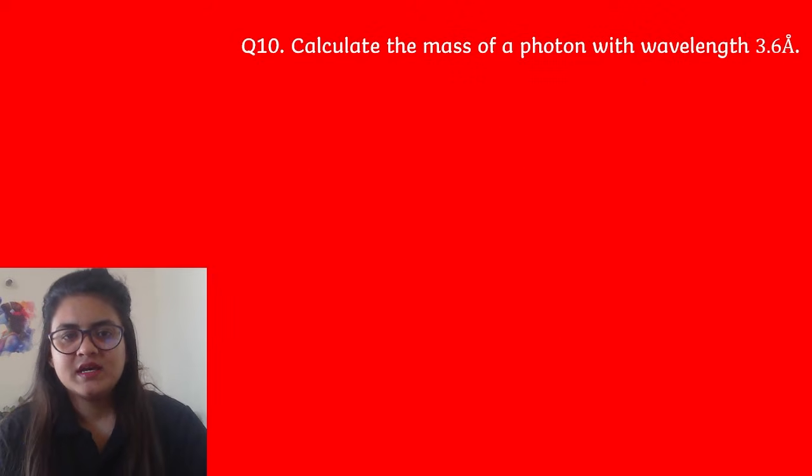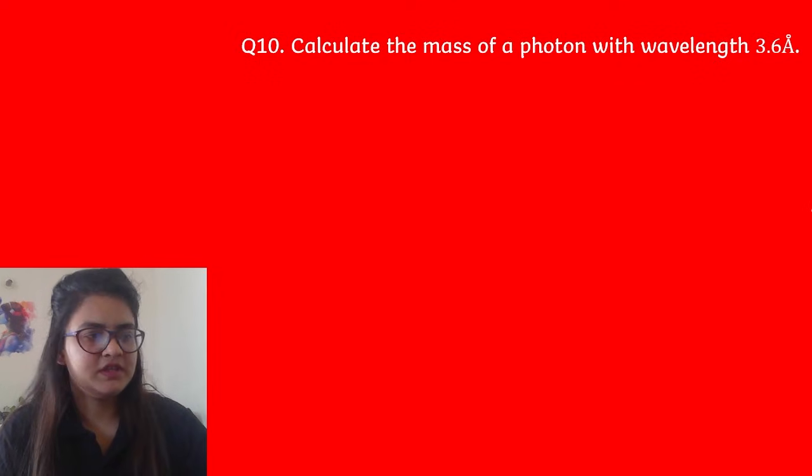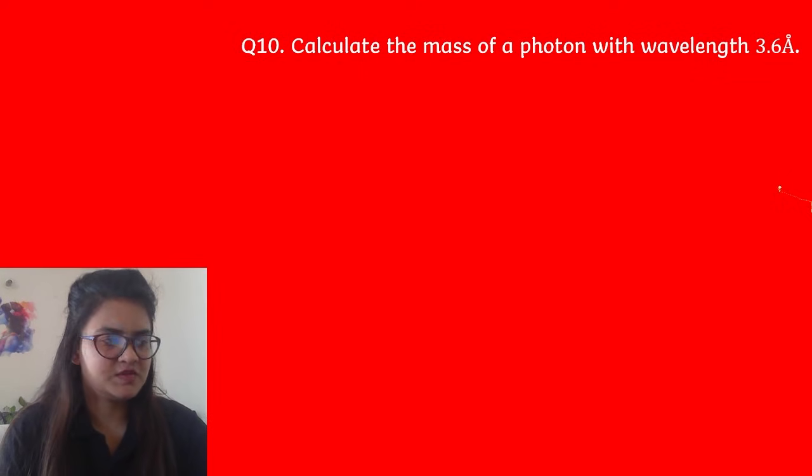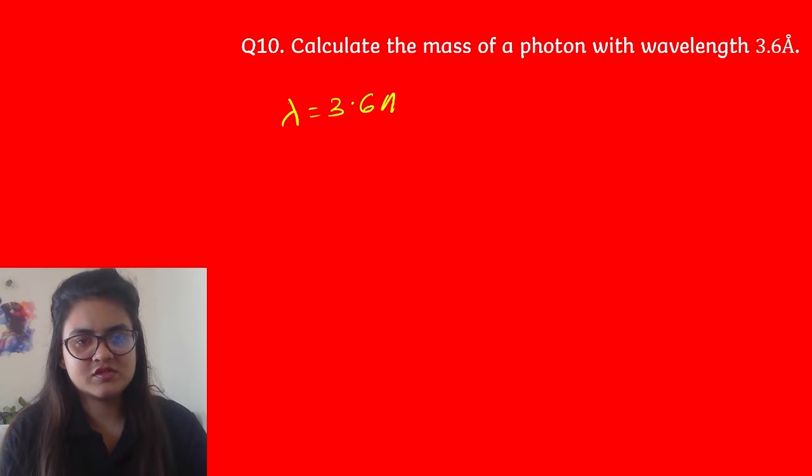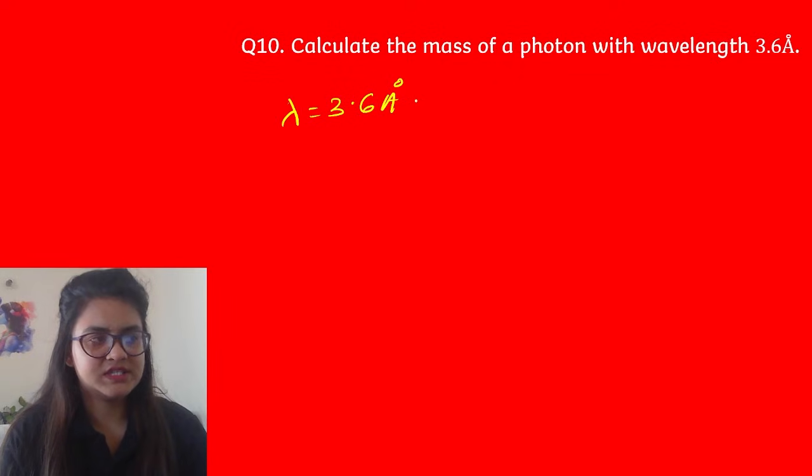Let's proceed. Calculate the mass of photon with wavelength 3.6 Armstrong. It's basically a very easy one. We can use the de Broglie's equation and proceed with it. Here you can see lambda is given as 3.6 Armstrong, right? We can convert it to meter.